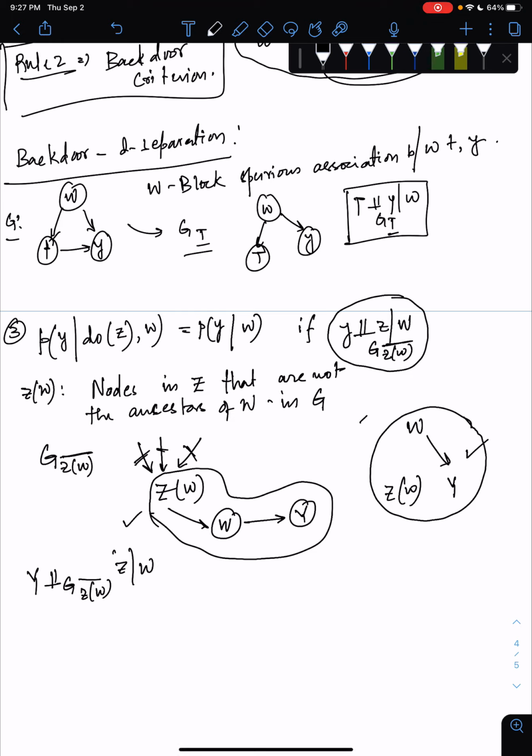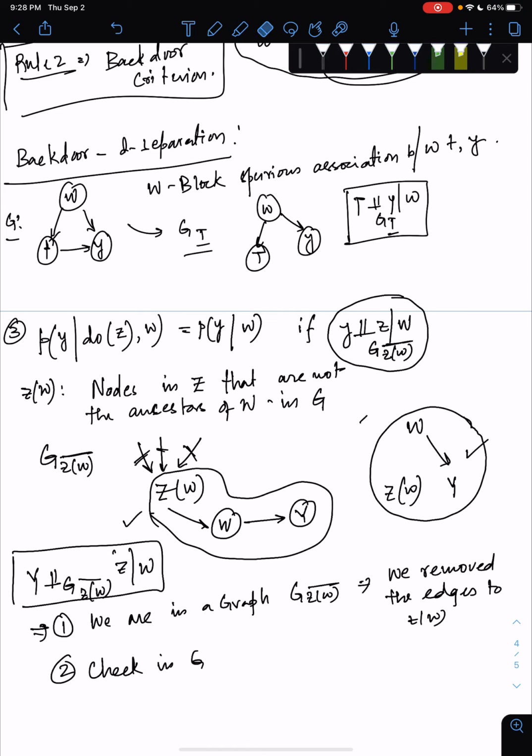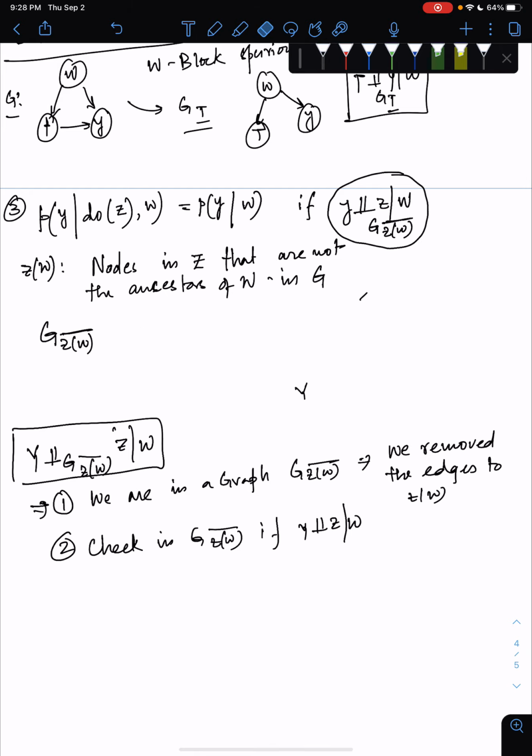So let's do it step by step. To get this, first we are in a graph G Z(W) bar, which implies that we removed the edges to Z(W), and check in G Z(W) bar if Y and Z are conditionally independent given W. Now we are not considering whether Z(W) should not be an ancestor of W or not.